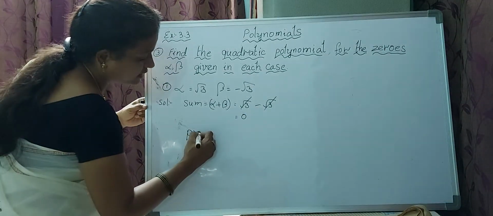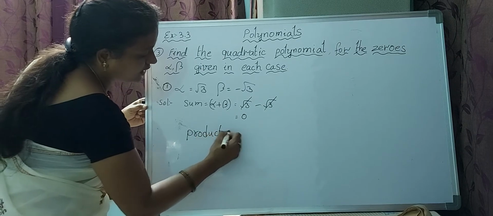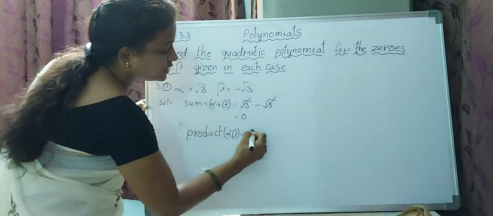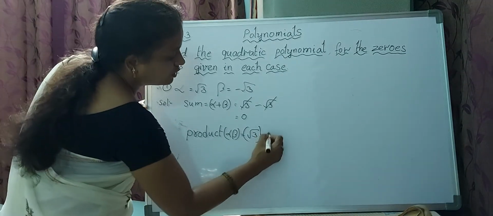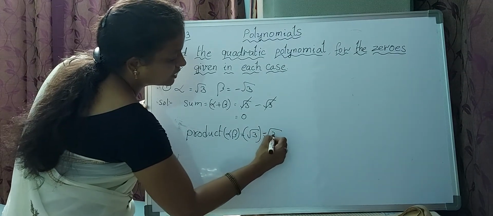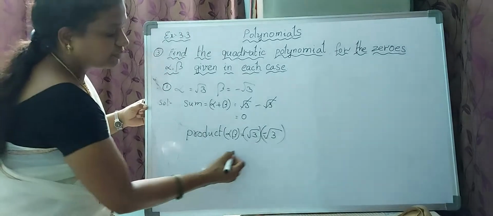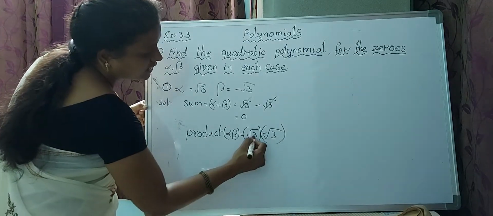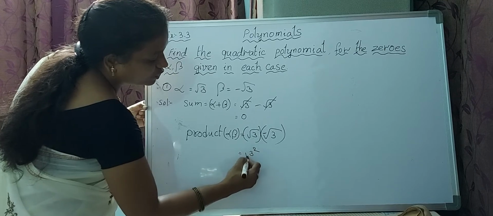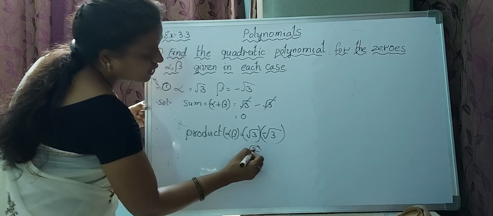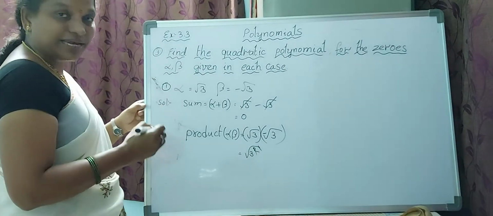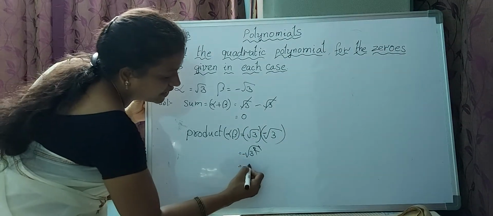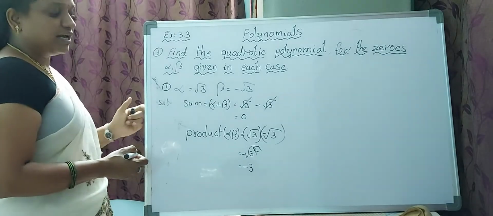What is the product? Alpha into beta is √3 into minus √3. How to multiply this? The square root and the square get cancelled, giving 3, and the minus stays. So the product is -3.